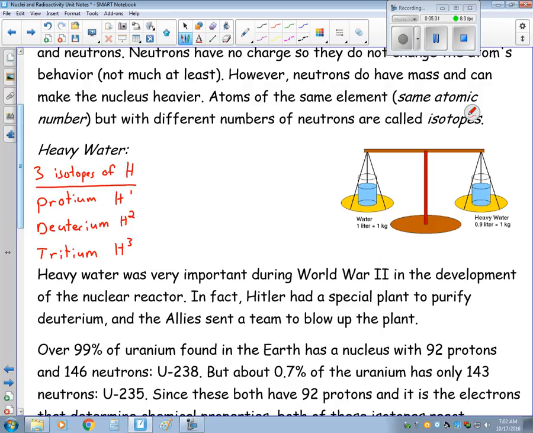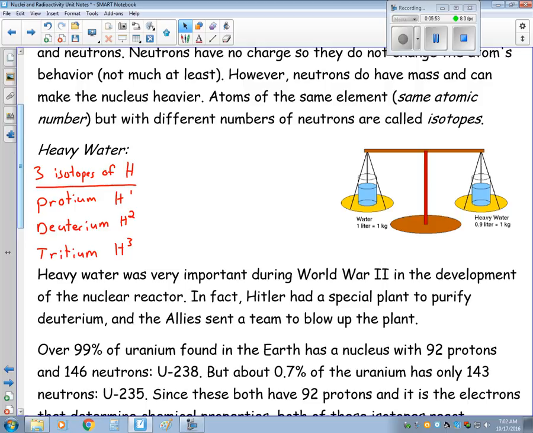The first one, protium, is simply what we consider hydrogen. It's got one proton and one electron. Deuterium is the next isotope. It has one proton, one neutron, and then one electron. And tritium has one proton, two neutrons, and one electron.